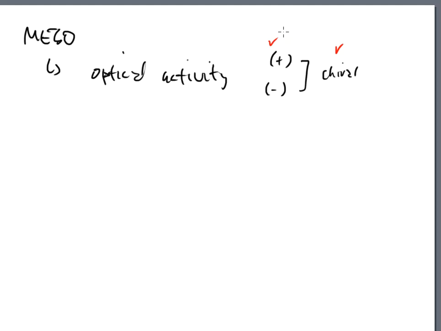But here's why. Our definitions are not changing. Everything that we've talked about before still holds true. But there's exceptions. There's exceptions to everything, right? And the exception here is something called a meso compound. What does that even mean?